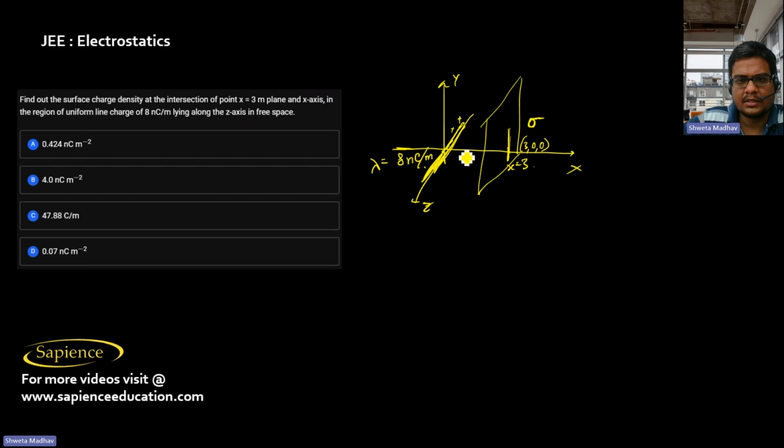Now the electric field due to this wire should be the same as the electric field due to this plane charge, let's call it an infinite plane sheet. So this will be 2k lambda by x, if we call this x, that should be the same as sigma by 2 epsilon naught.